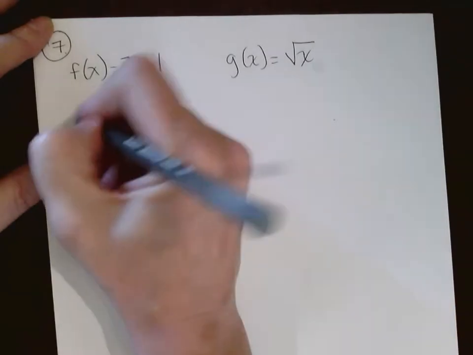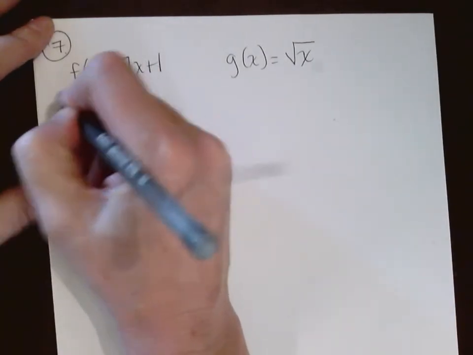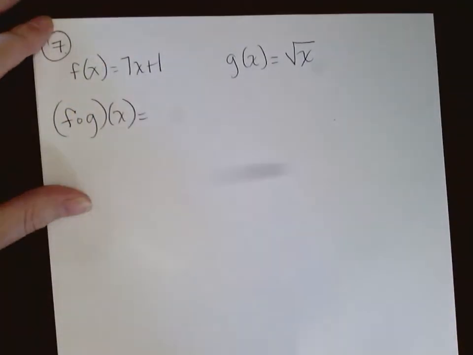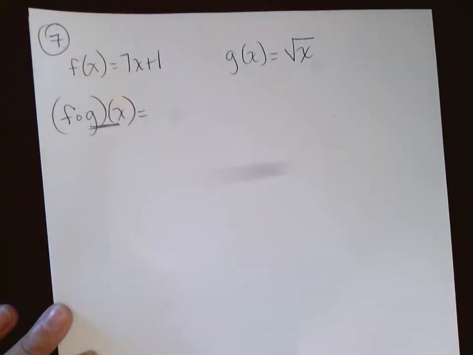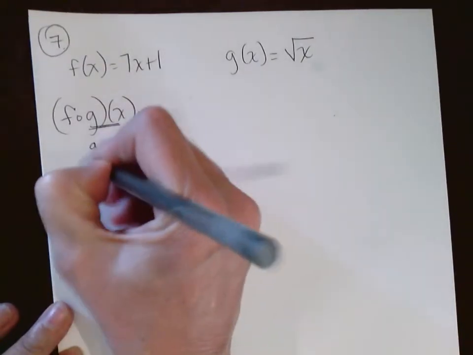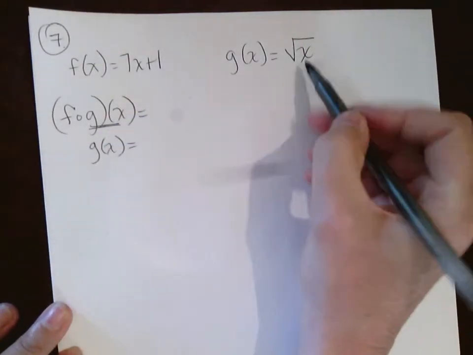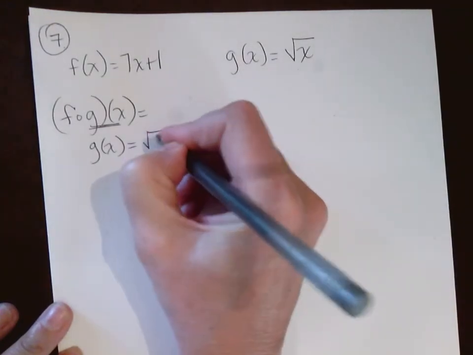So let's see. It wants me to find f of g of x. Finding f of g of x, which means the first thing we need to find is the inner, which is g of x. So I know that g of x equals the square root of x.